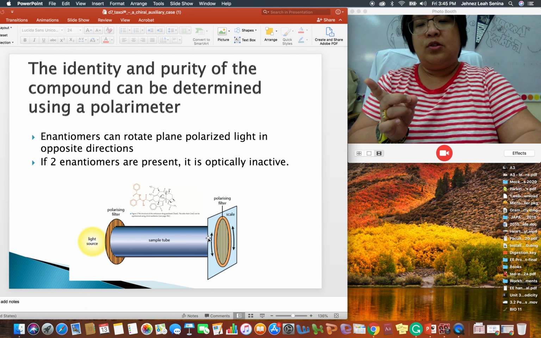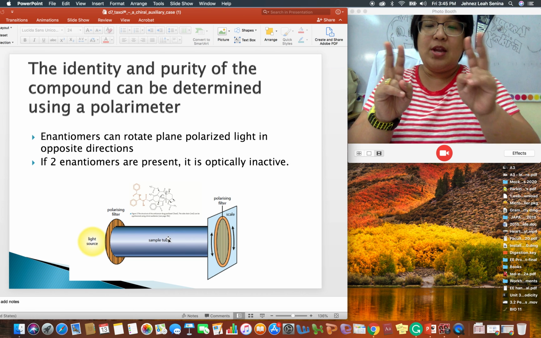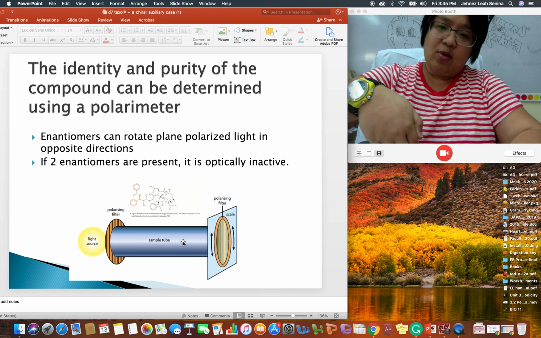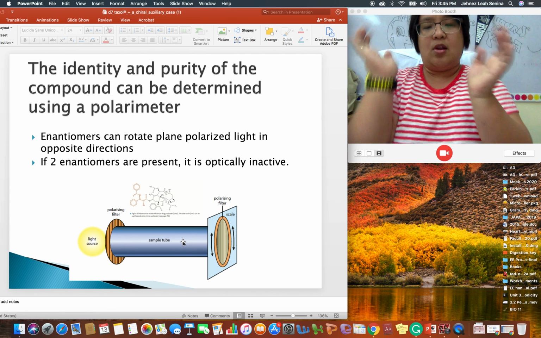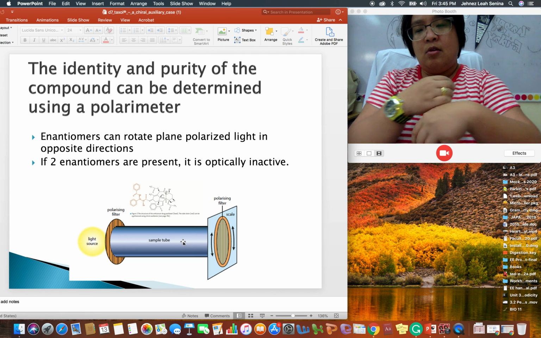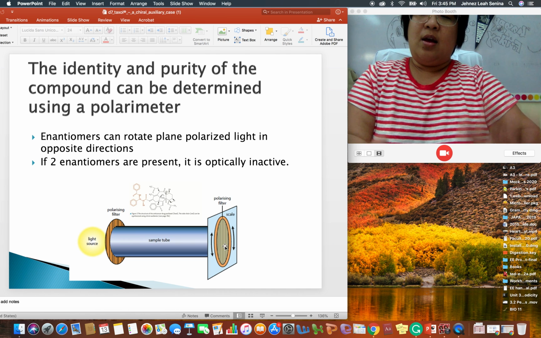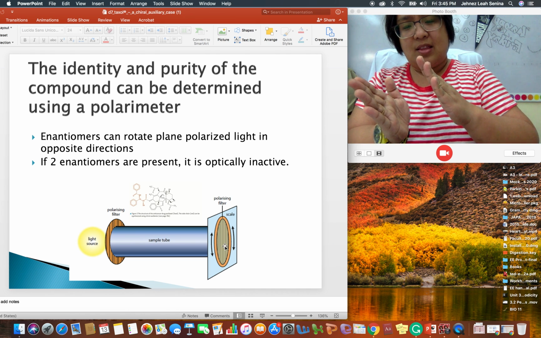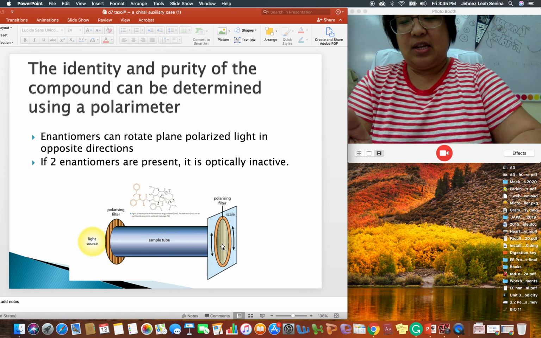So if you have two enantiomers inside this tube, one will rotate your wave clockwise, the other one will rotate it counterclockwise. So clockwise and counterclockwise, they cancel each other. So in other words, they cannot bend the light. It does not polarize the light.